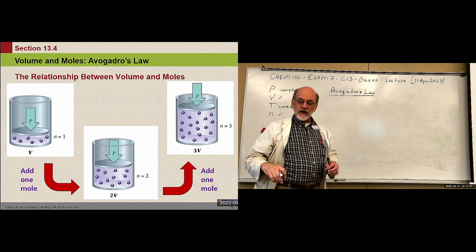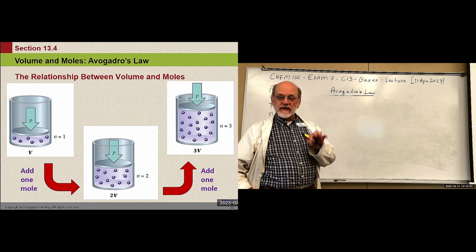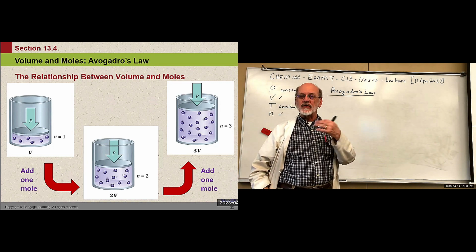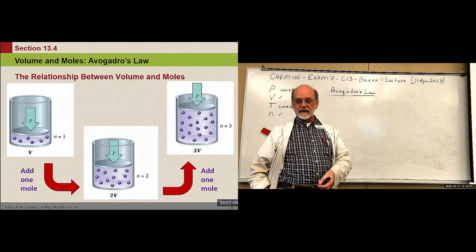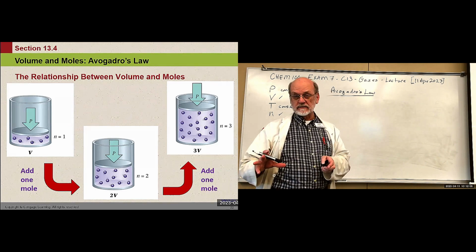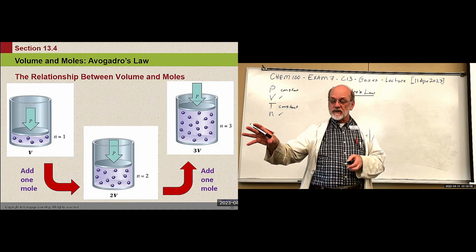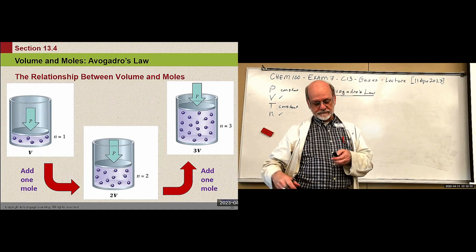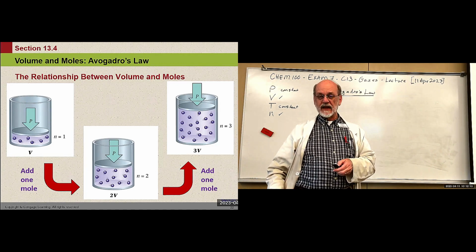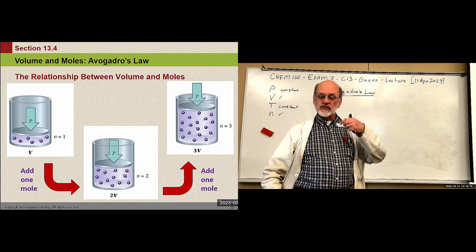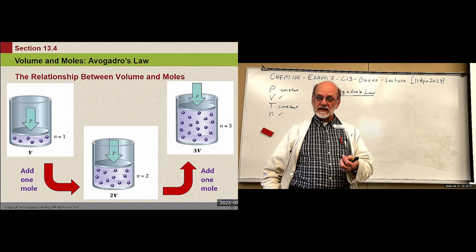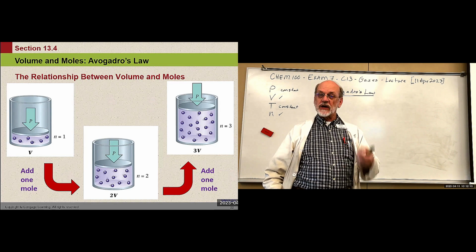So Avogadro wanted to know what would happen to the volume if you change the number of moles, the amount of gas in the container, right? It's a little trickier, right? So it came a little bit later than Boyle's and Charles's. And what he found out was, if you double the number of moles in the container, you will double the volume.